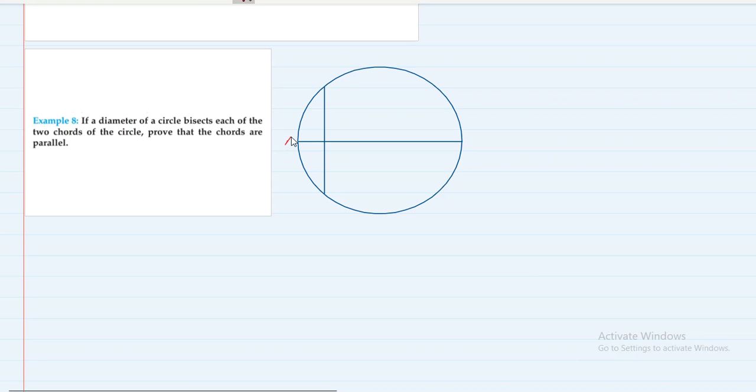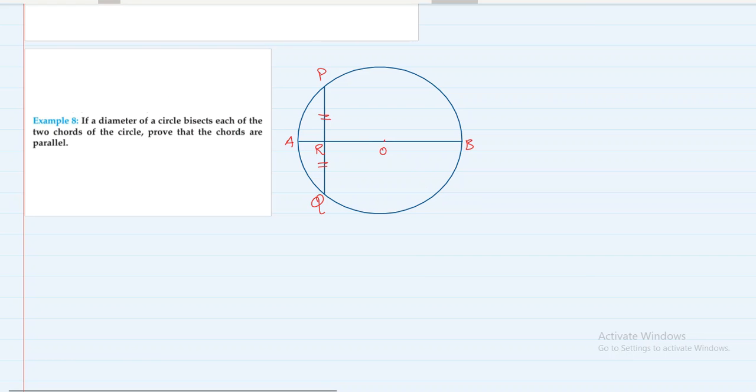We can say that this is the diameter AB. This is the chord PQ. This is R. This diameter is bisecting this chord PQ at point R.